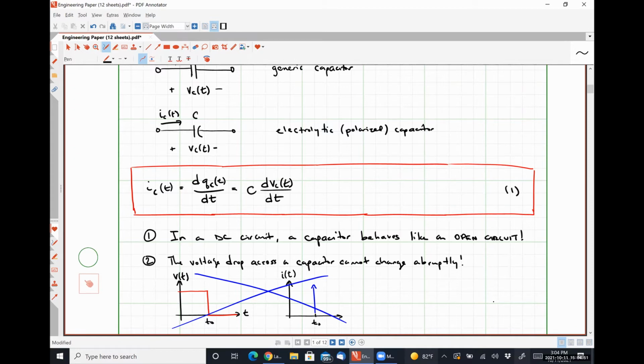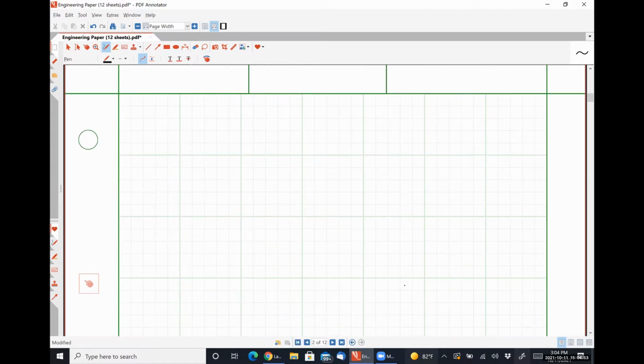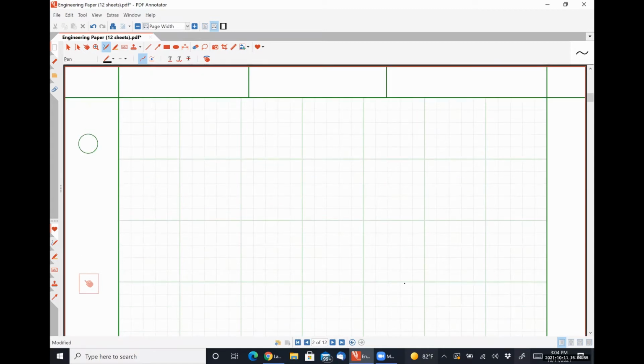So let's slightly rearrange that relationship, and we find that the voltage drop over a capacitor, VC of t, is equal to the integral from -infinity to t of our, excuse me, I've left off something here that's very important. 1 divided by C multiplied by the integral of the capacitor current as a function of time.